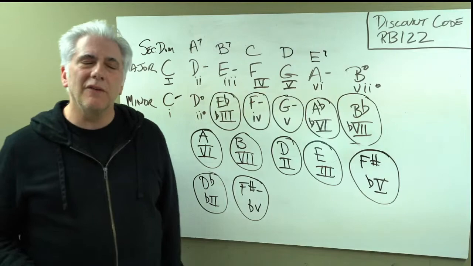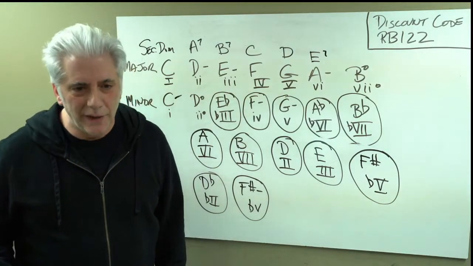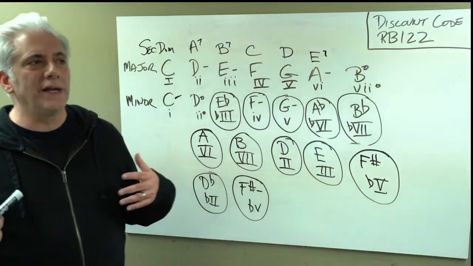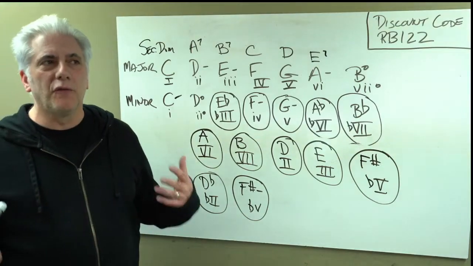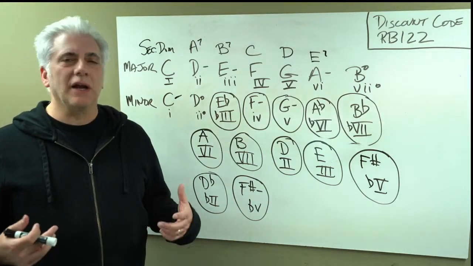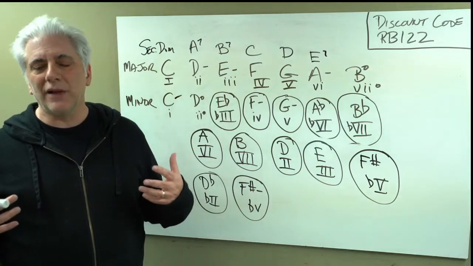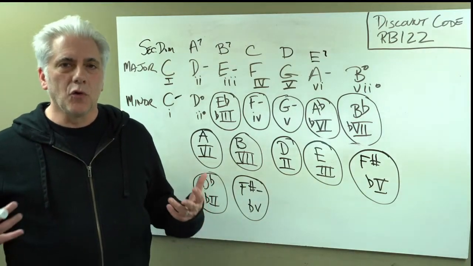Those kind of progressions get very boring after a while. And that is the stuff that you want to avoid. You want to avoid getting stuck in these, what I consider really tired chord progressions.